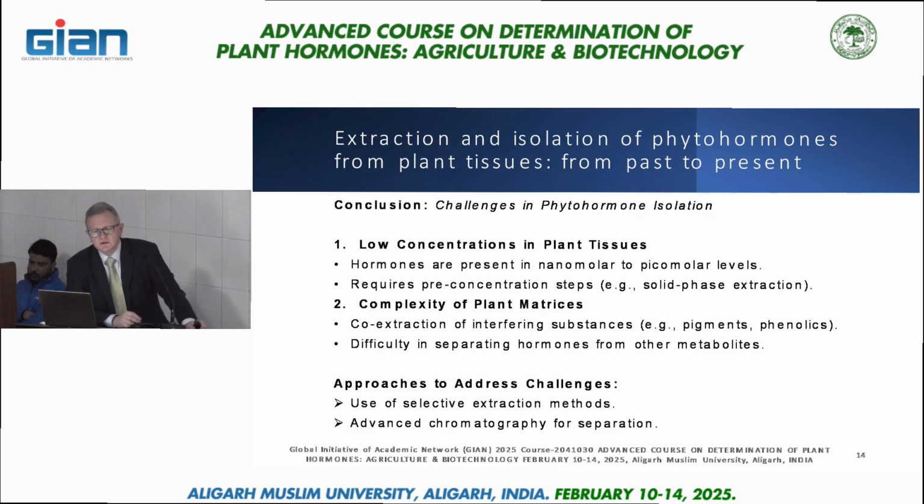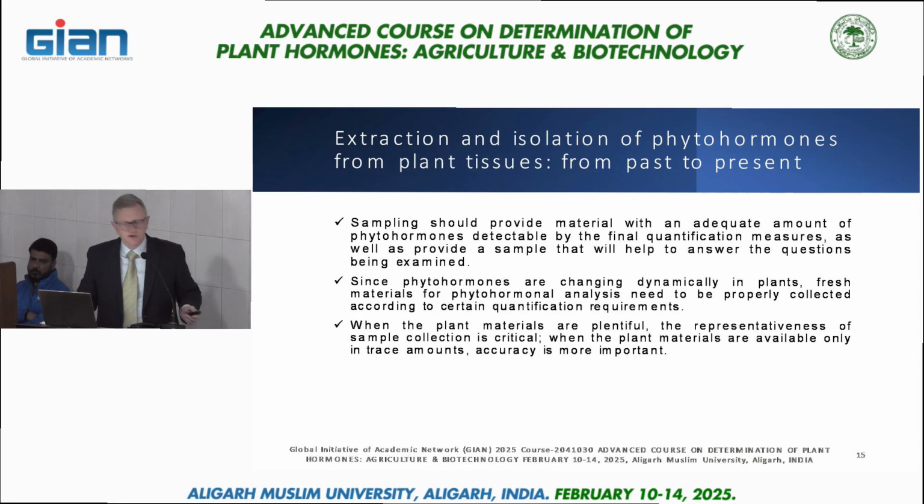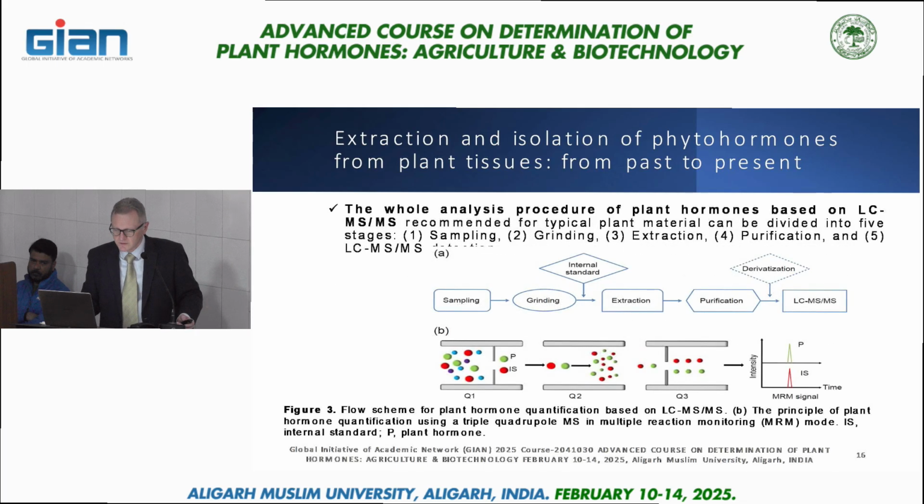Sample preparation is, of course, one of the most critical stages in phytohormone analysis, as it directly influences the accuracy and reliability of the results. This process involves breaking down the plant matrix, isolating the target hormones, and eliminating interfering substances to ensure precise quantification.